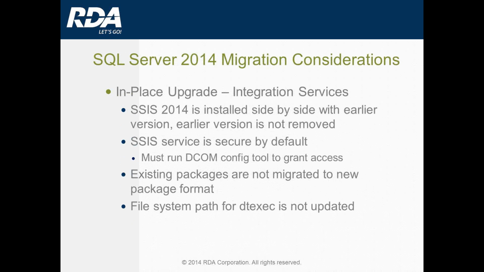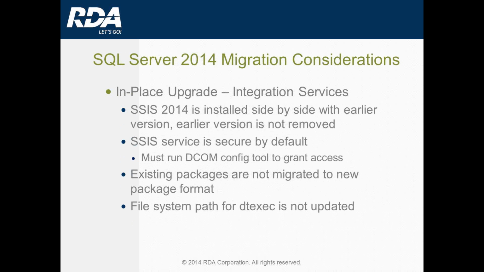So if you wanted to change jobs that are executing it, you would have to go back and update the file system path for that new path, unless you wanted to keep it to the old version. What I've seen in the past is people will do an in-place upgrade and do a side-by-side on the integration services, and then over time they'll migrate piece by piece everything over and then eventually eliminate the old version.